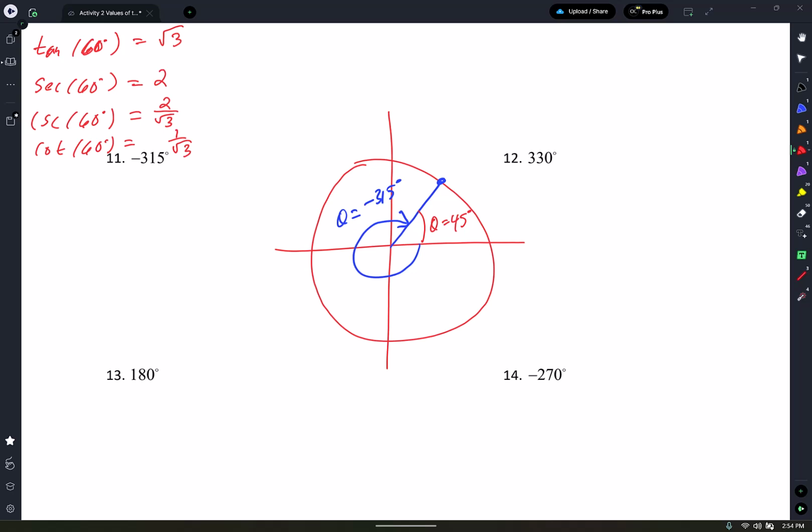Does that make sense? And then that coordinate is square root of 2 over 2, comma, square root of 2 over 2. So maybe this is the easiest one for everyone because you don't have to really think. Cosine and sine are the same. Cosine of negative 315 degrees is square root of 2 over 2. Sine of negative 315 degrees is square root of 2 over 2.